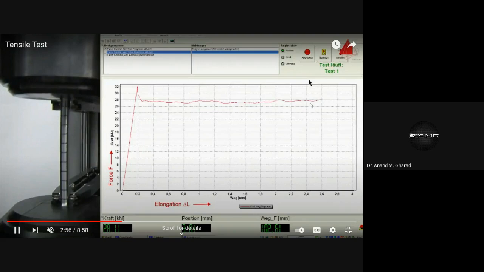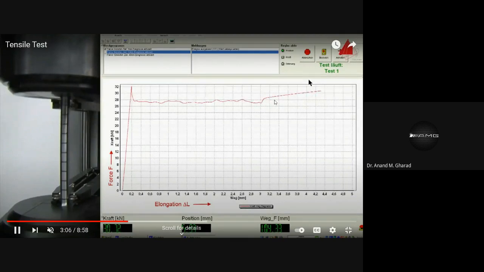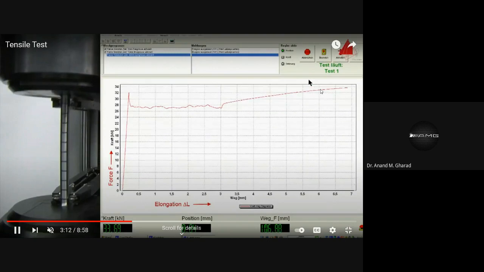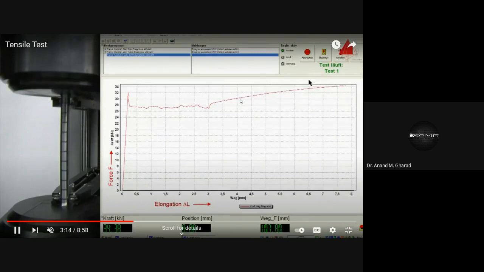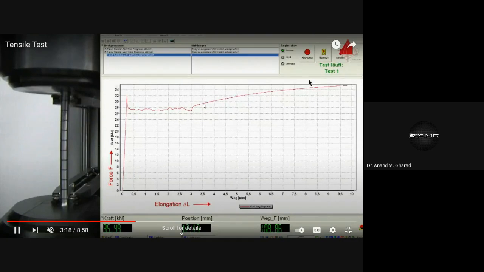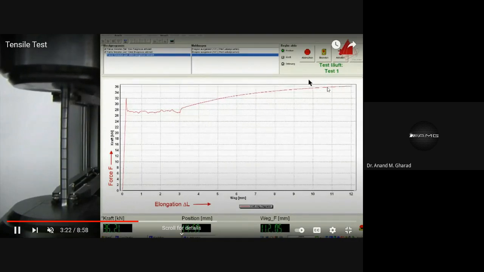It will continue up to one point, beyond which, with the further increment in the elongation, it goes into some non-linear variation of the force, as you can see over here. It is kind of a curve. We don't know what the degree of that curve is, but it is a non-linear type of curve. Correct?